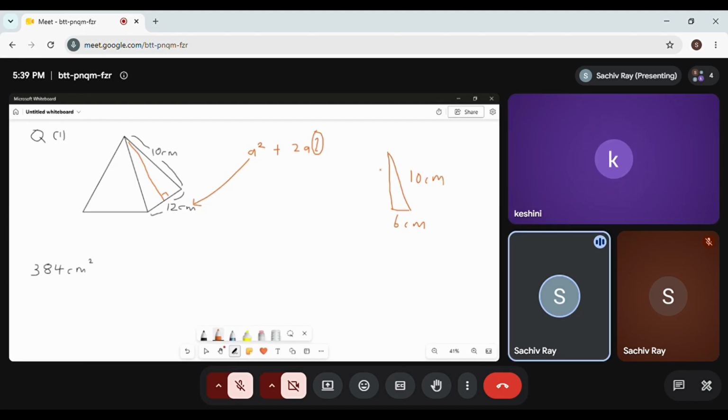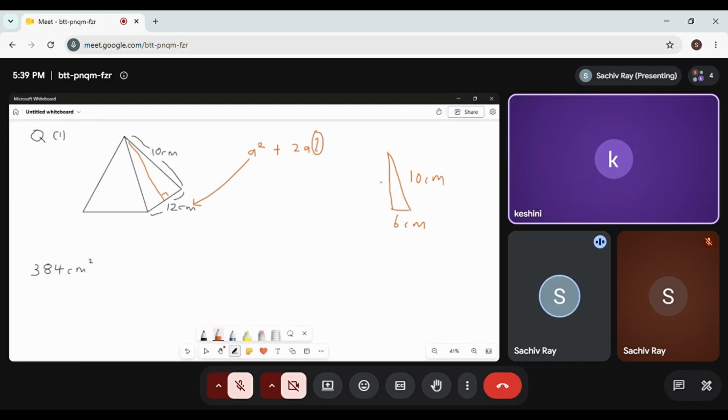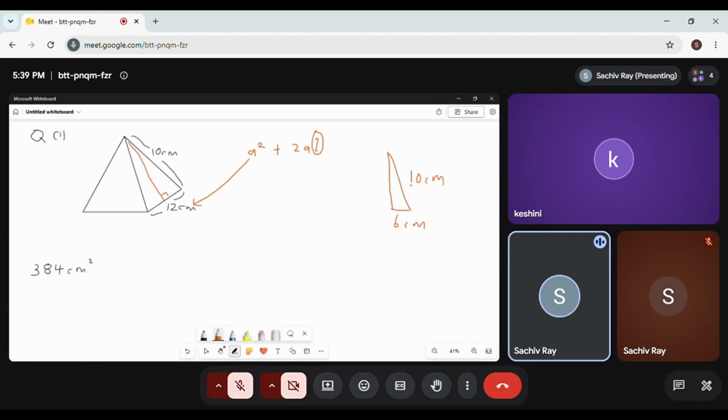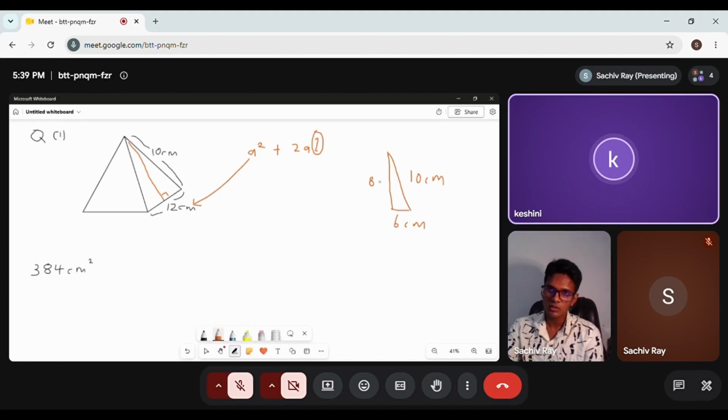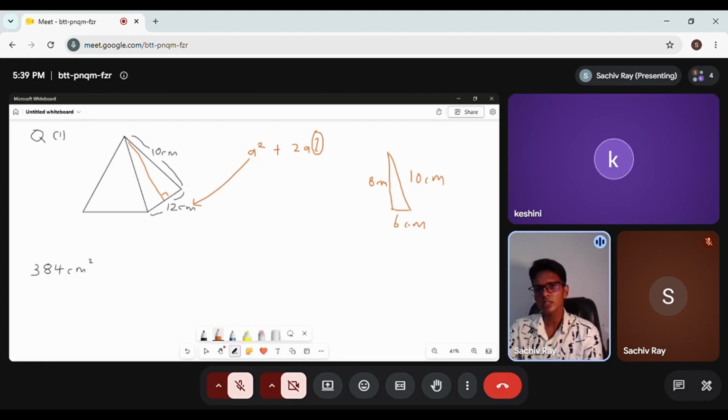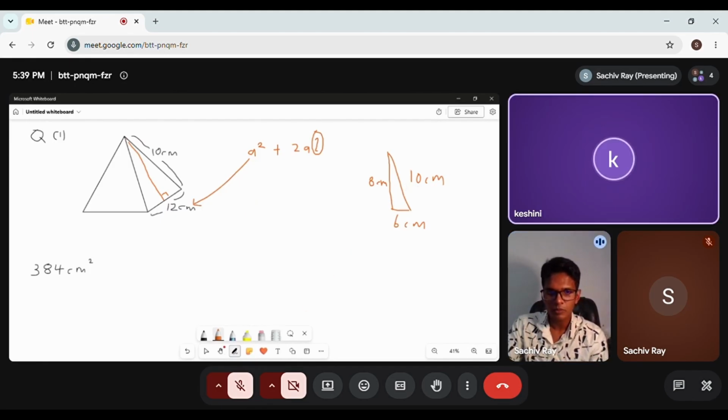So what is the height of this? 10 squared would be 100. 100 minus 6 squared, which is 36, will be 64. Root of 64 is going to be 8 centimeters. Or we can use the Pythagorean triple 6, 8, 10. That part is clear, right?